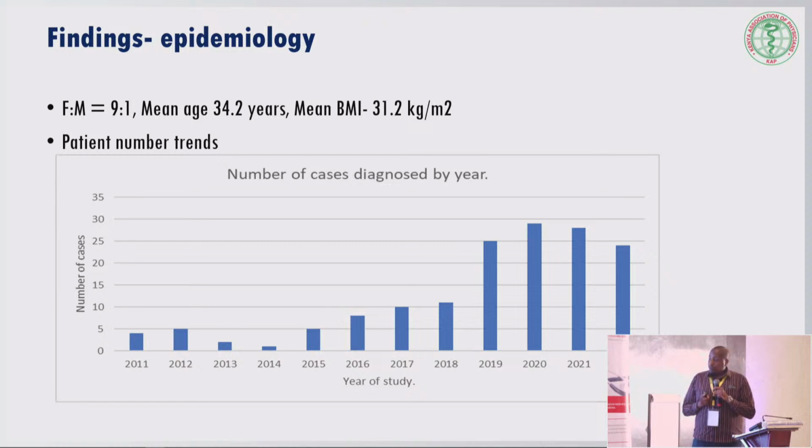So the patient number trends that we picked up after when COVID came up, for context, between 2011 and about 2016, they used to diagnose 5 cases in a year. That's 1 case every 2 months. But when COVID came up, in 2019, there was this sudden increase in patient numbers, and we were diagnosing a case every 2 weeks.